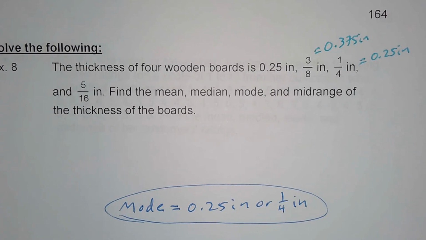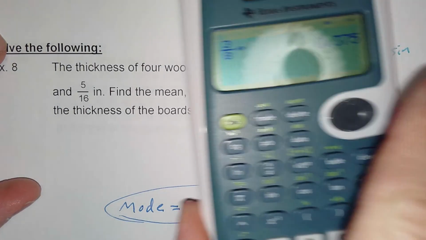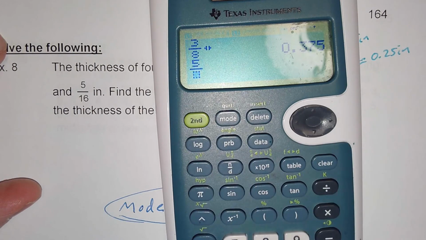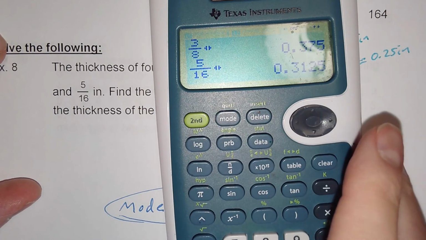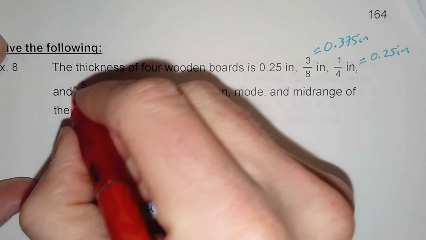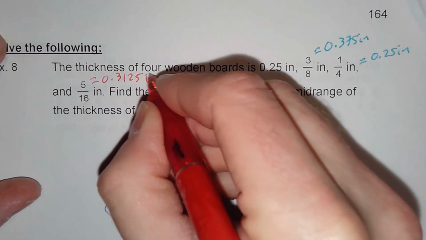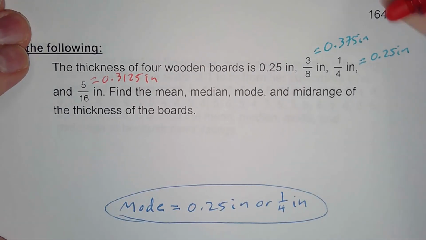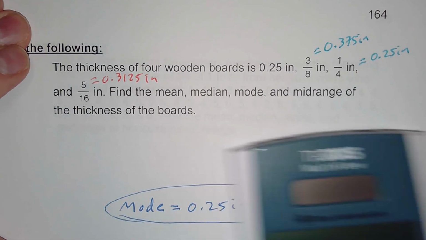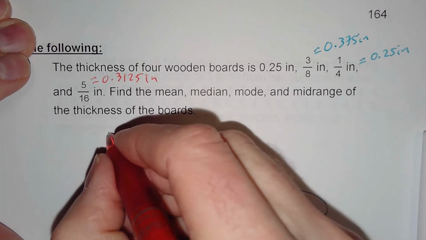Alright, so to find the mean, you add these four numbers up, and let's go ahead and change that 5/16 to a decimal. So that's 0.3125. So to find the mean, I'm just going to add these numbers up and divide by 4.